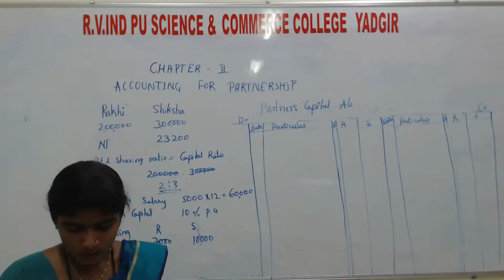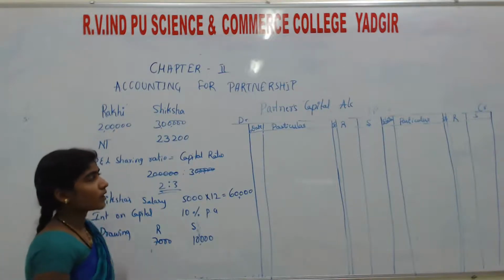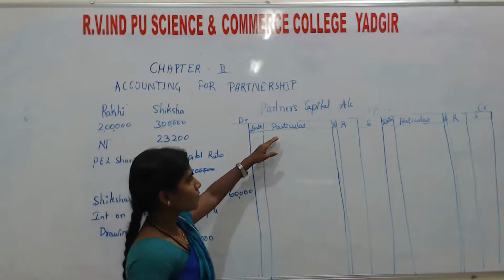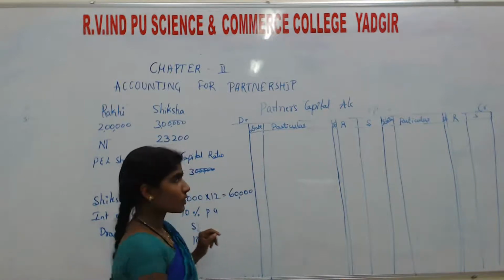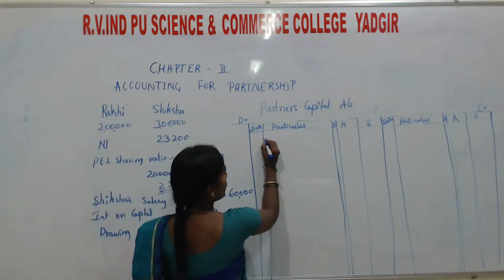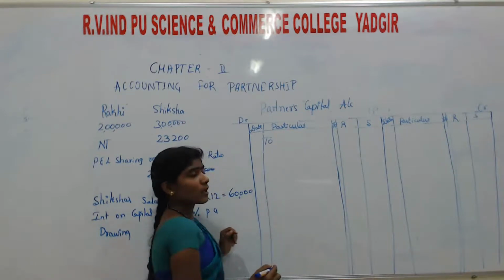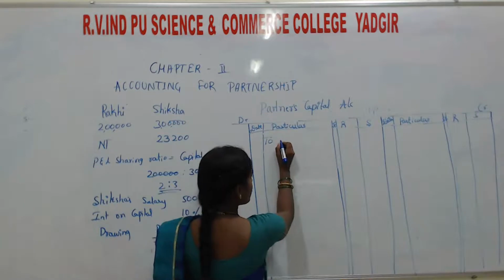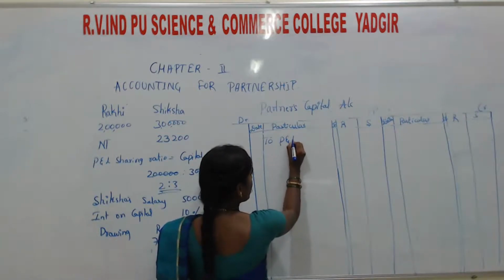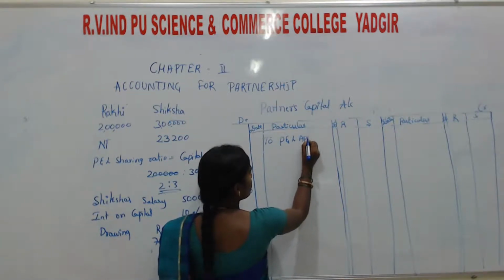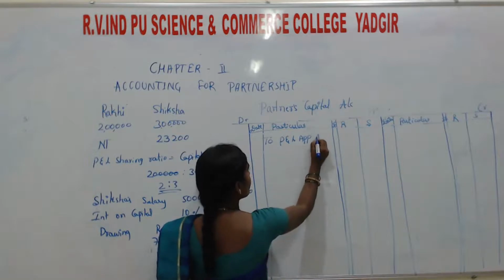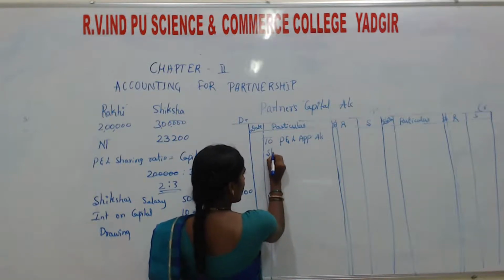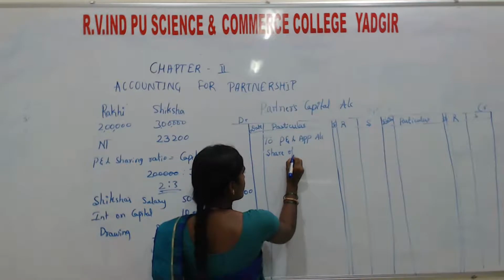So that loss is transferred to the partners' capital account. So loss means the debit side. To profit and loss appropriation account. It is a share of loss.